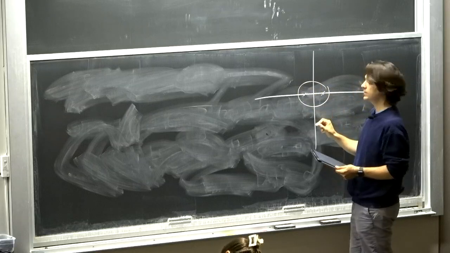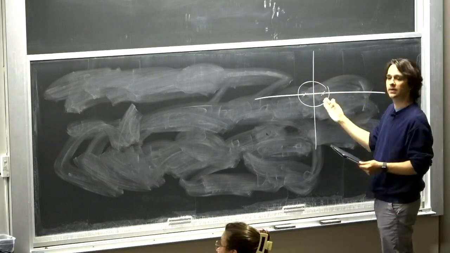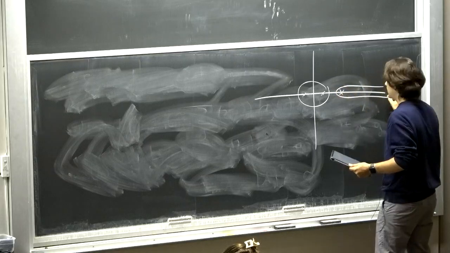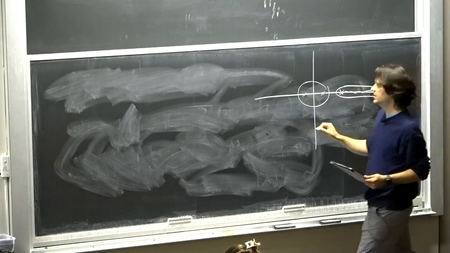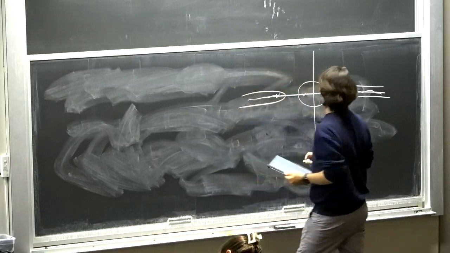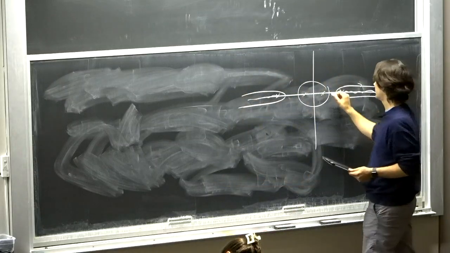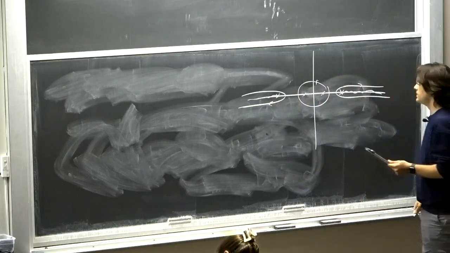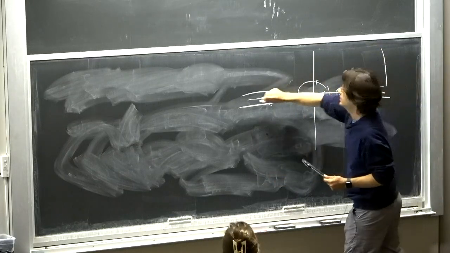There will be some circle here around low energies, which will pick up the poles in the EFT. There will be some integral across the branch cut. And then there will be an arc at infinity.